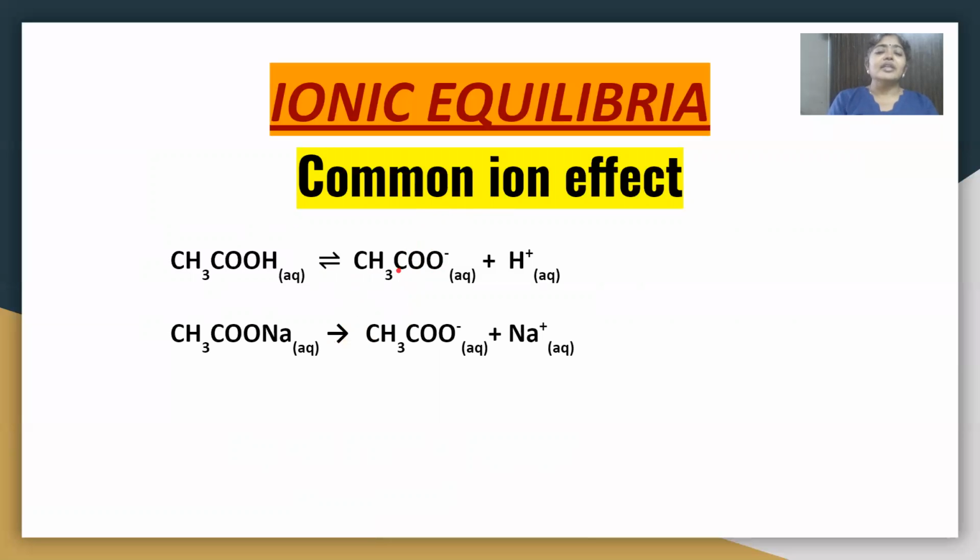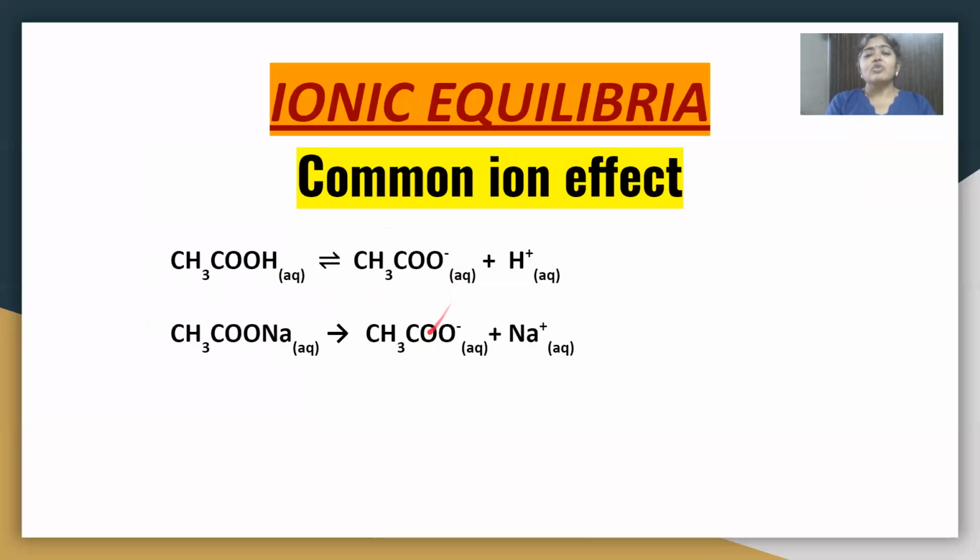So what is this common ion effect? When I take the acetic acid as well as the sodium acetate, in the solution there is going to be the presence of acetate ions from the acetic acid and also acetate ions from the sodium acetate, right? So this leads to an excess of acetate ions in the solution. Both reactions are giving rise to acetate ions.